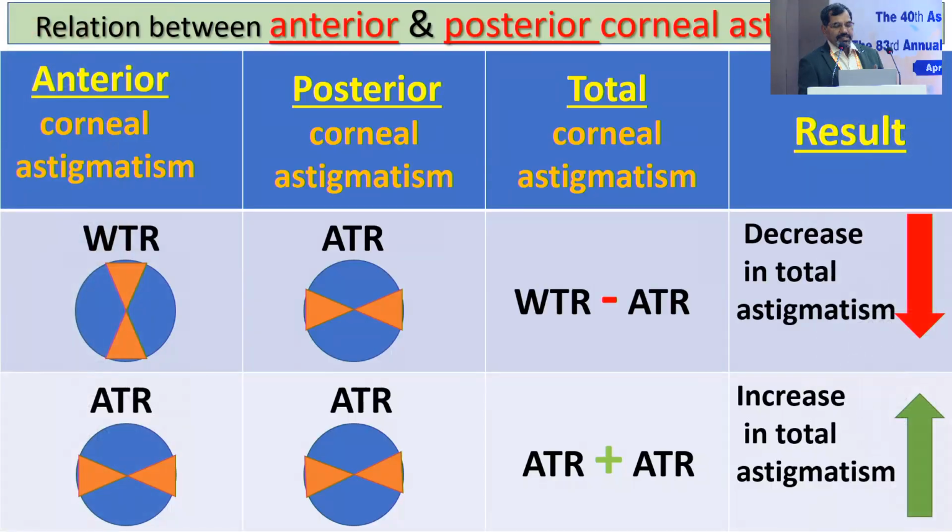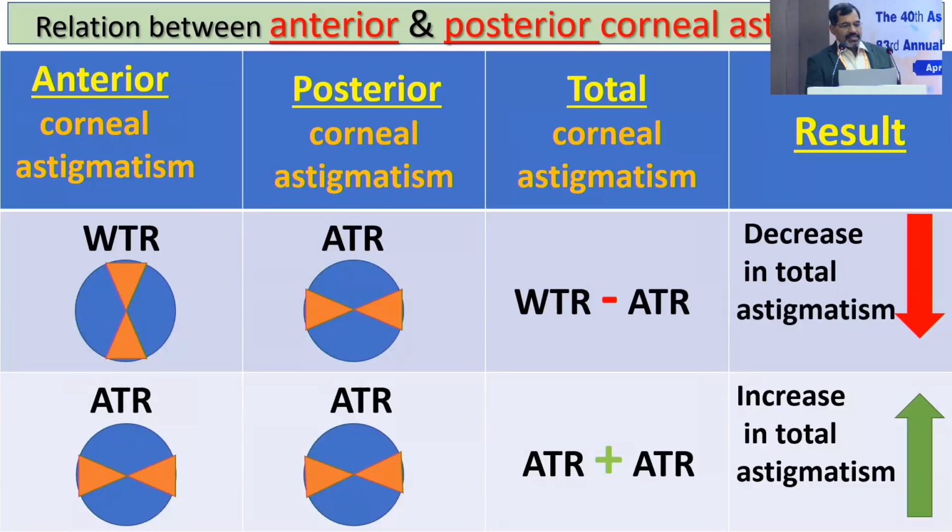This is the slide which everyone should remember. When the anterior corneal astigmatism is with the rule, some amount of posterior astigmatism is against the rule, so the total astigmatism is decreased, and we have to correct with-the-rule astigmatism slightly less.